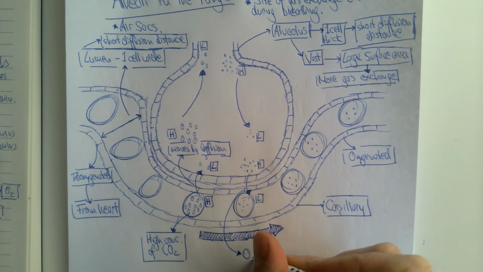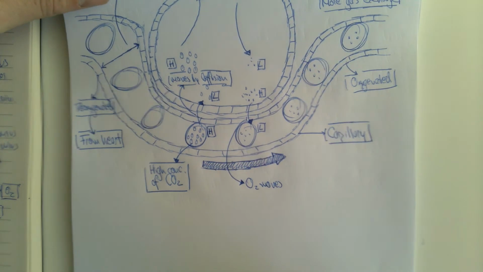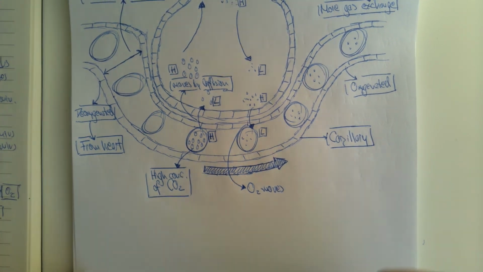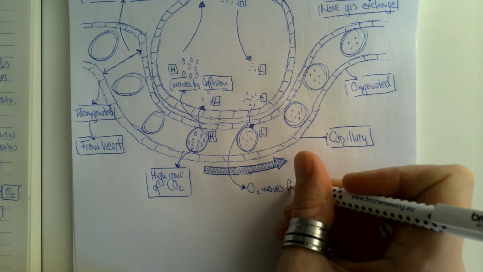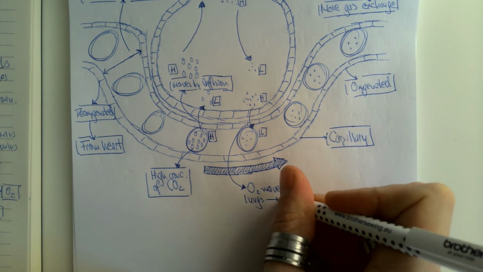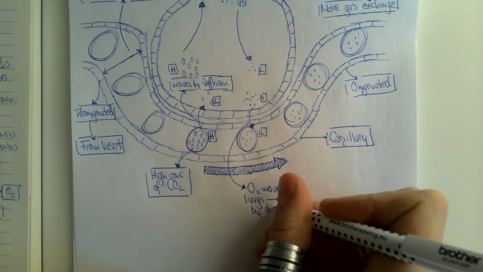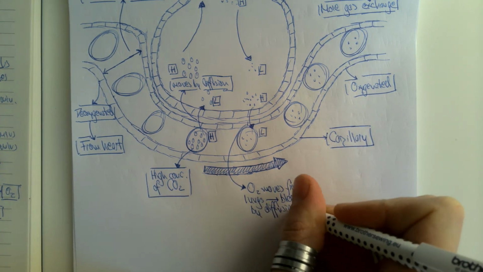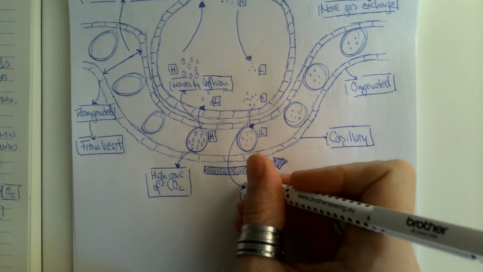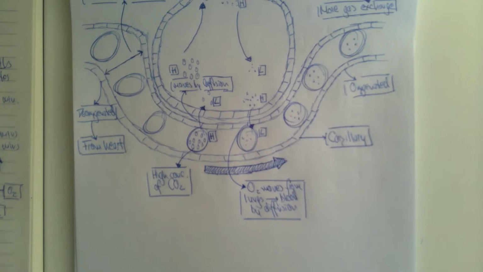So oxygen moves from lungs to the blood by diffusion. Okay, good.